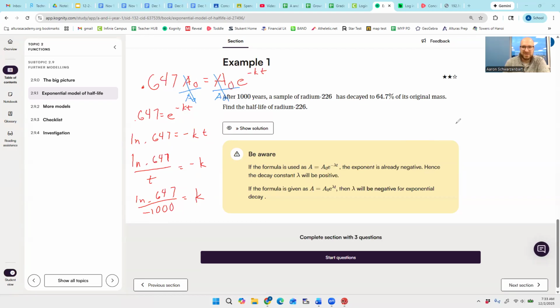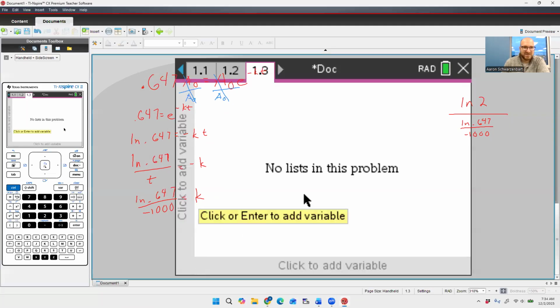So now it asked me to find the half-life. I'm going to plug this into the calculator. Effectively, I'm going to multiply by the reciprocal because it'll be a little easier.